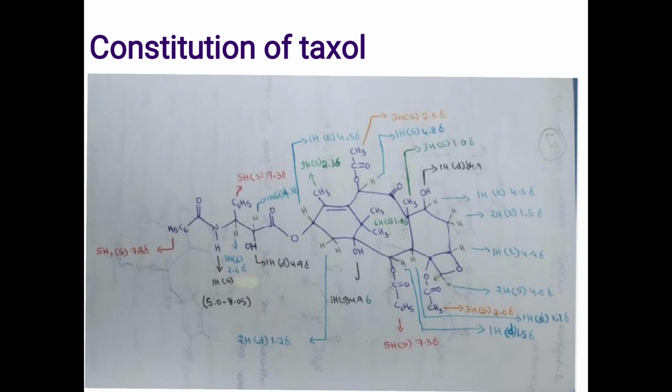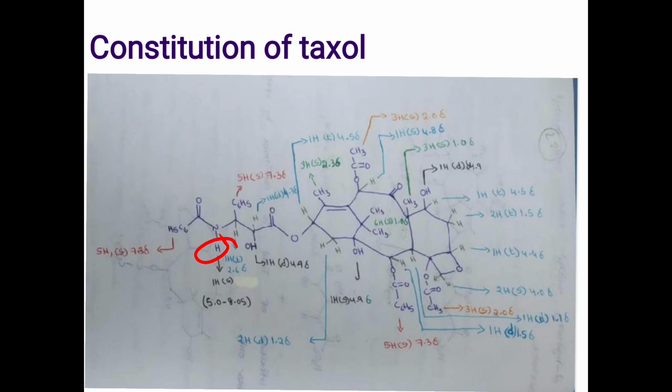The proton on the nitrogen atom in the amide group shows a singlet between 5 and 8 delta.